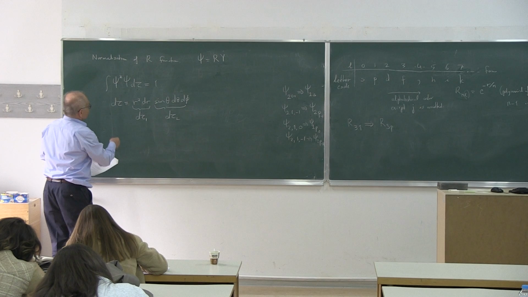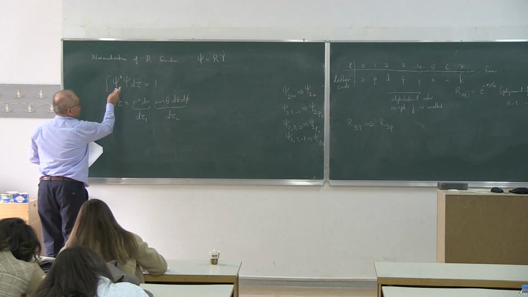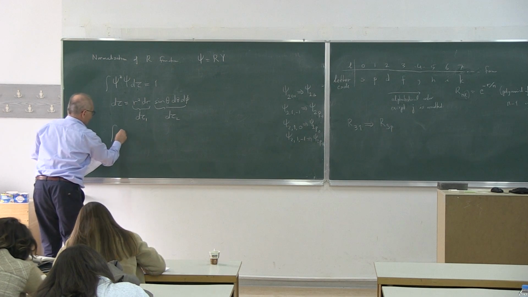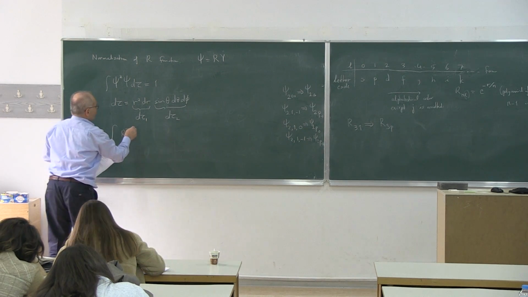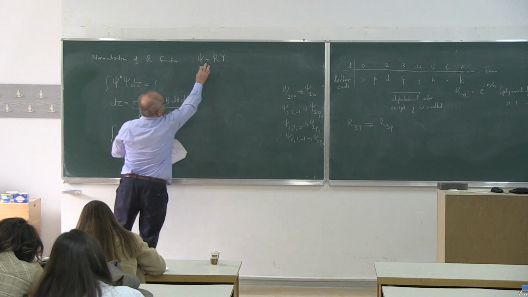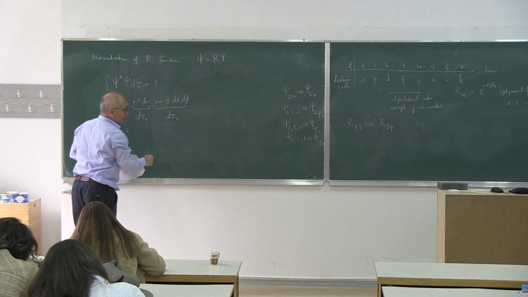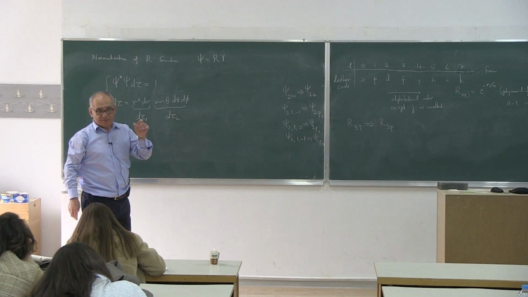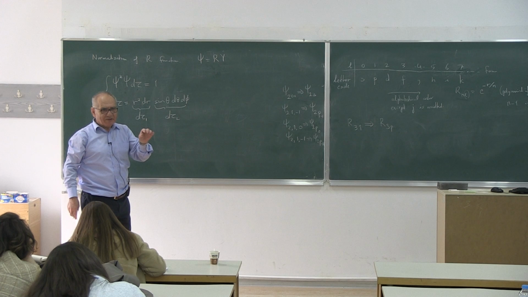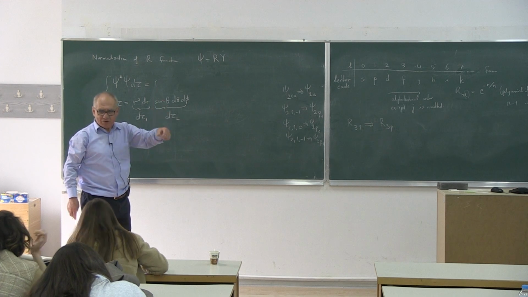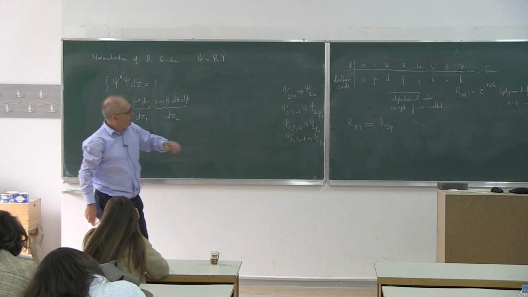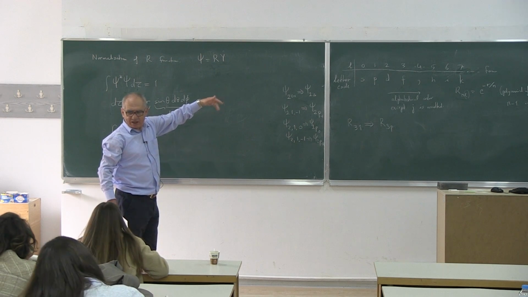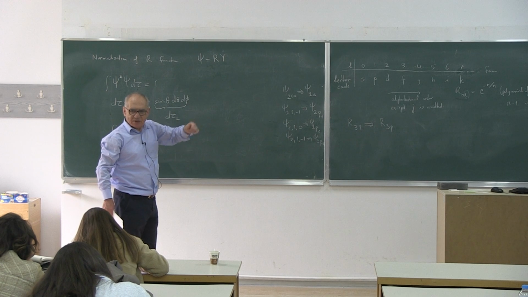And now we can write this expression. I'm substituting this expression here. Please note that all radial functions are real functions. There are no complex numbers in the definition of radial functions, as you have seen from the examples I have given, but all of the radial functions are real.